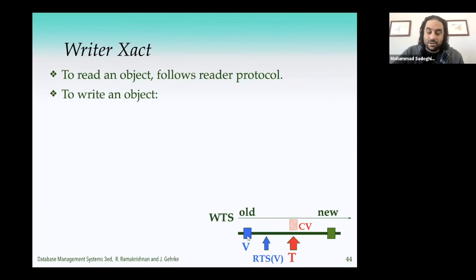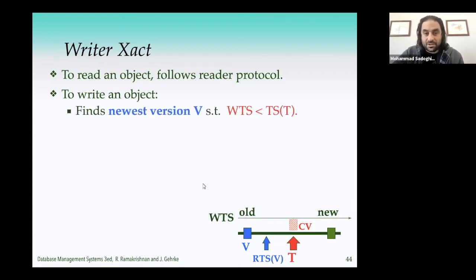That means the largest version whose write timestamp is smaller than my transaction's timestamp. So to write an object, first we find this newest version, which in this case is V, and the timestamp of this version is smaller than the timestamp of the transaction T. So we found our version, everything's good.